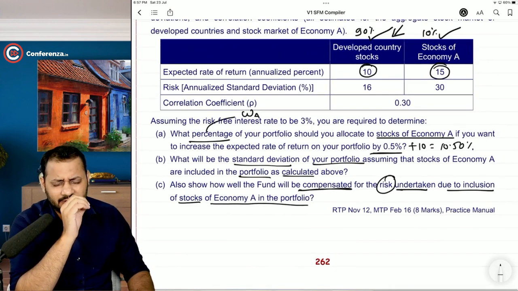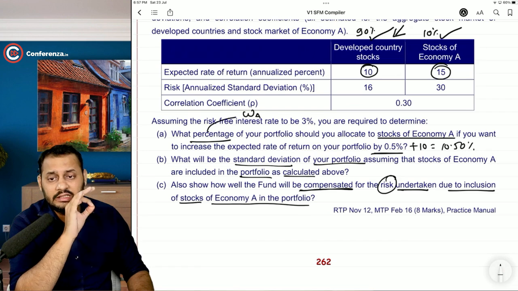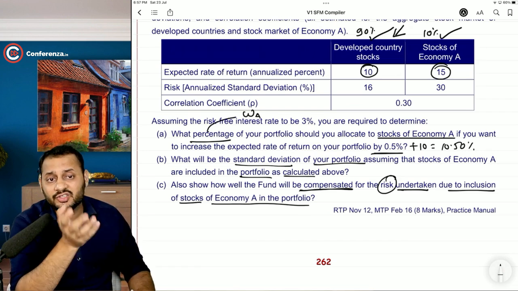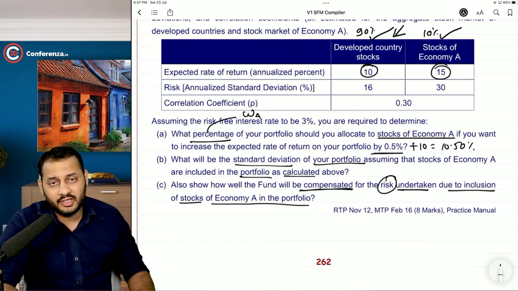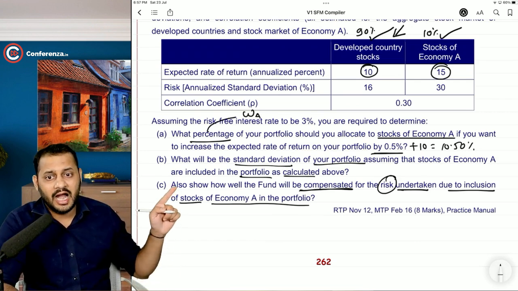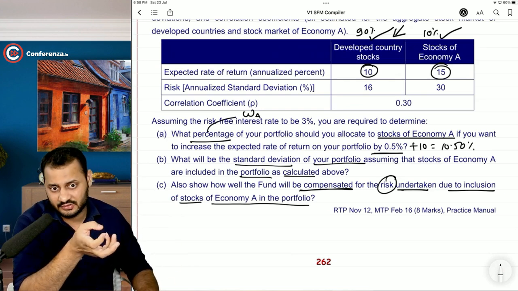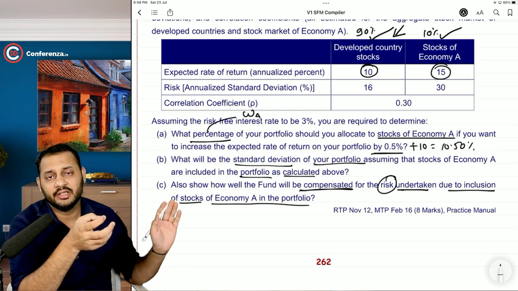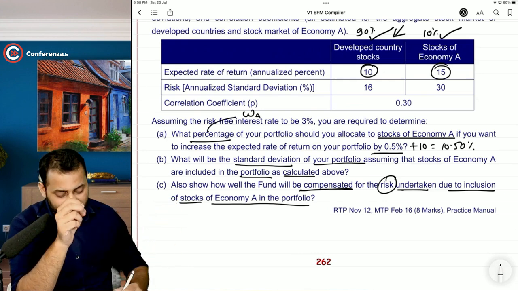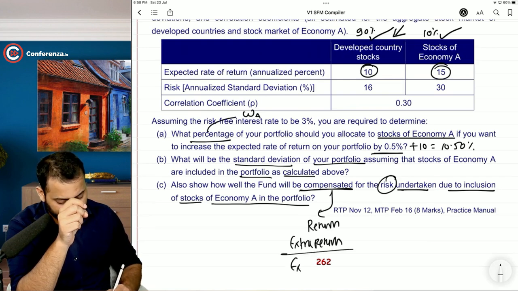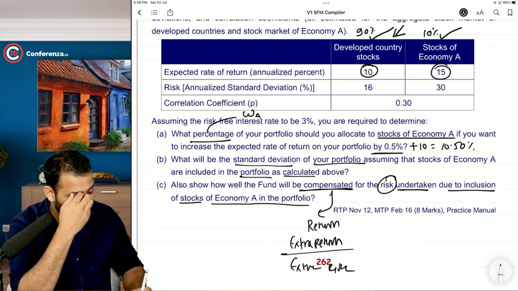The question is very simply asking that we have taken a higher risk of 30% in our portfolio, so how well are we compensated for that extra risk. Compensated doesn't mean they are asking you to calculate the return. They are asking you to calculate the extra return for the extra risk that you have taken.